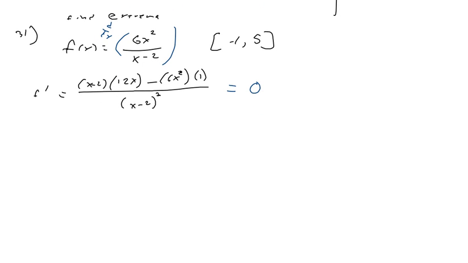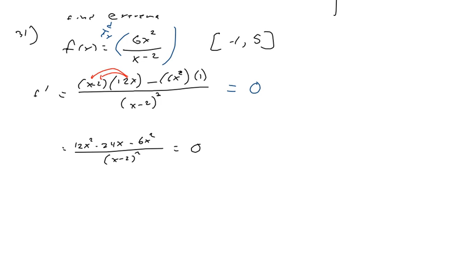Well, I can take this 12x and multiply it by everything, right? Distribute that 12x. And then this 6x times 1, that's fine. So this is going to be 12x squared minus 24x minus 6x squared over x minus 2 squared. That's fine.